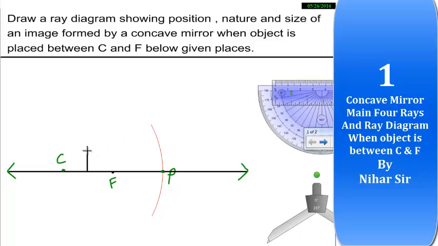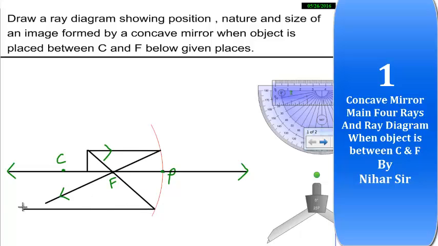So let me draw over here. The first ray I will pass, which is my favorite, will go parallel and will pass from the F, because if you know the rule you can solve it easily. So this is done for you. Now let me show this sign. This is incident ray, this is reflected ray. Now I will draw another. Another which I can draw will pass from here and it will go parallel.